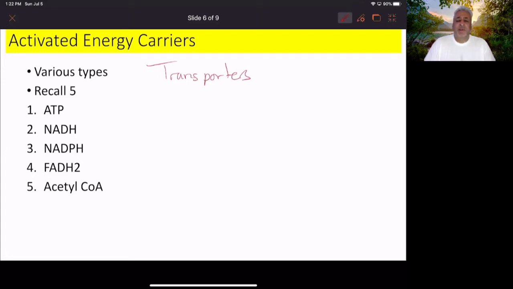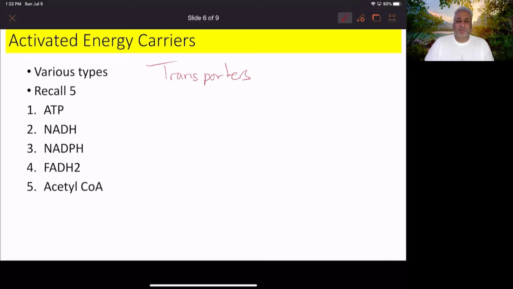Okay, so the transporters are designed just like minicabs to pick up passengers at a place where energy is being liberated, and then capture the energy, take it to a destination where the energy is required. They can hang on to and store the energy temporarily as well.